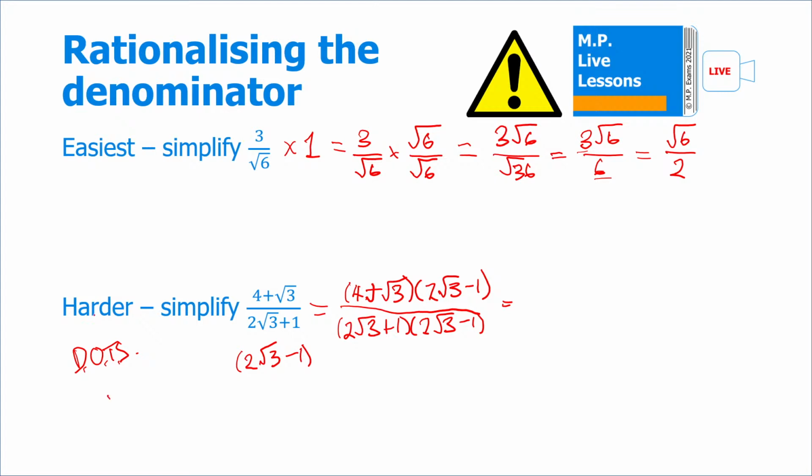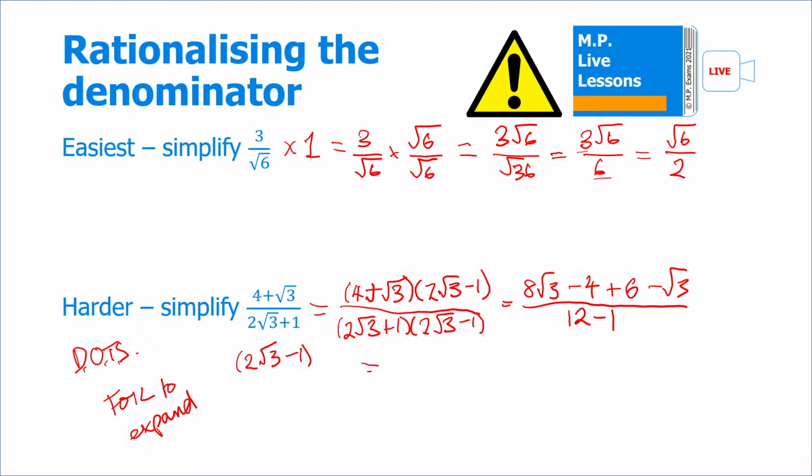If we use FOIL to expand them out, and in the end, we get 2 plus 7 root 3 over 11. And we can't simplify any of this down.